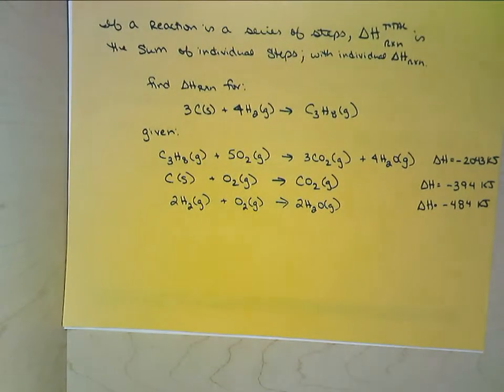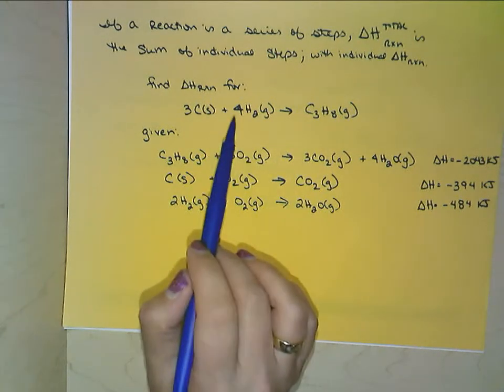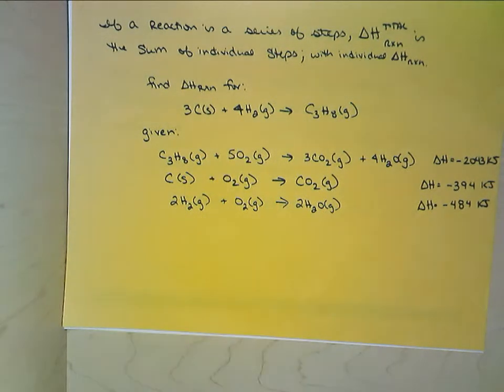And finally, I can combine hydrogen and oxygen to make water, which has its delta H. So the question is, how can I use these to get to the reaction I want? I can add, subtract, multiply, divide all the delta H's. You can do it in a variety of ways. There's a bunch of different methods which all work equally well.